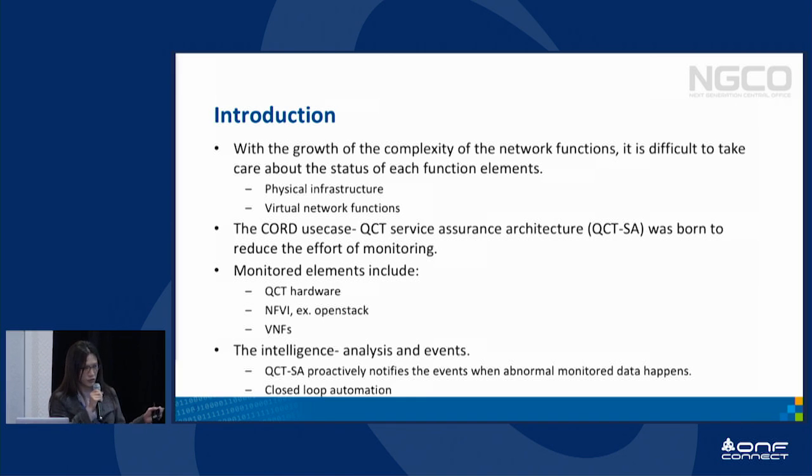QCT-SA proactively notifies the events when it detects abnormal behaviors of the system. Through these two methods, we can let the system self-adapt its behavior to achieve closed loop automation.